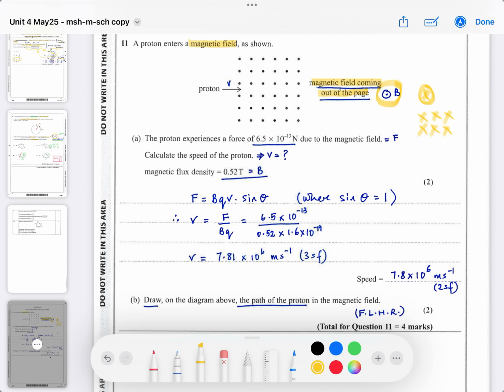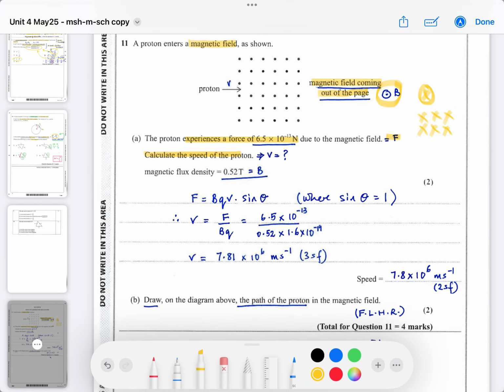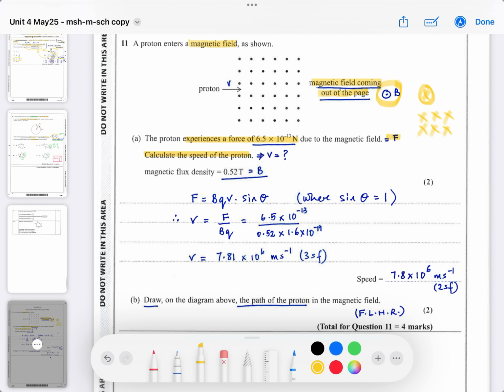All right, so the proton's coming in from the left into the uniform field at a velocity v. Okay, so it says the proton then experiences a force according to Fleming's left-hand rule, and the force is given as 6.5 times 10 to the minus 13 newtons. They want you to calculate the speed of the proton, and they've given you the magnetic field strength as 0.52 Teslas, and because it's coming in at 90 degrees to the field, sine theta will be equal to 1, and they basically want to check that you know which equation to use.